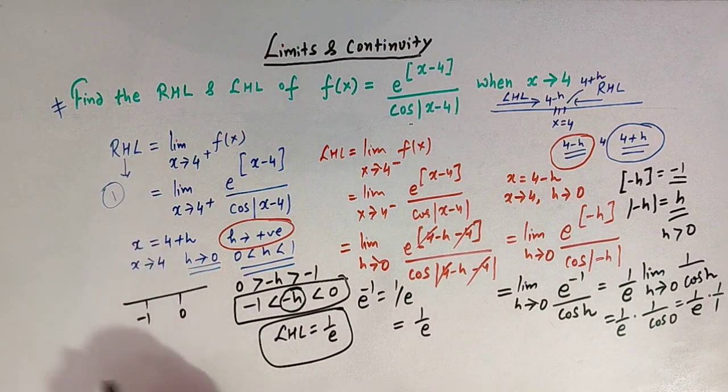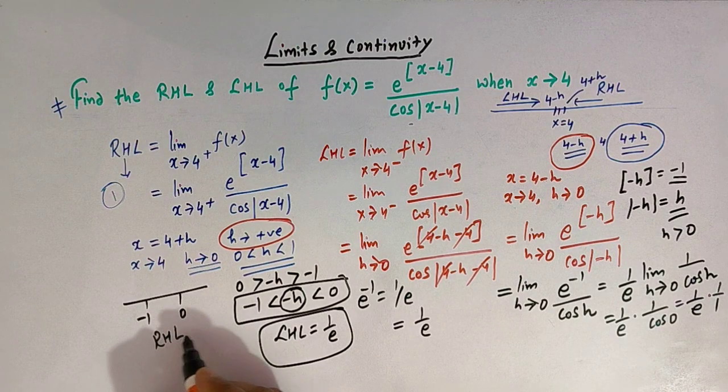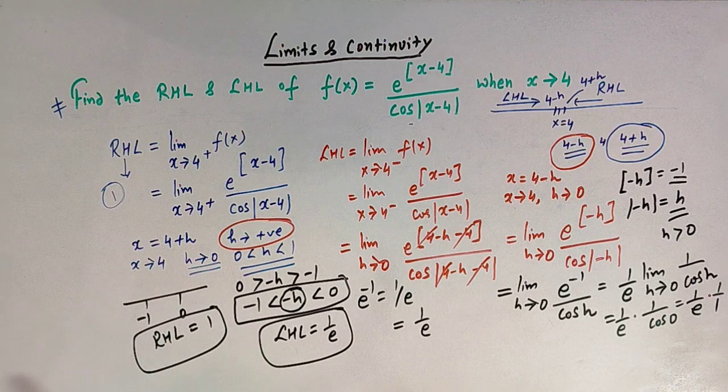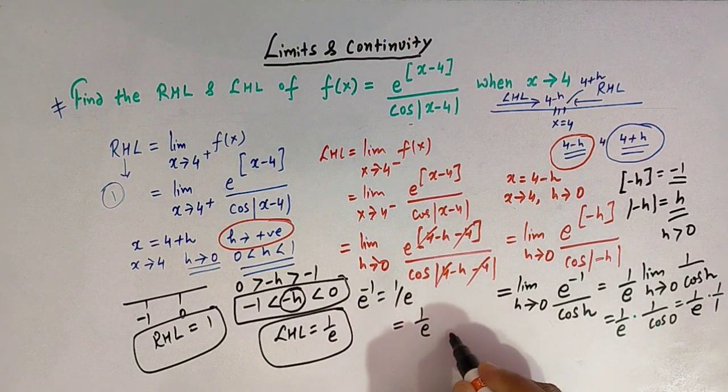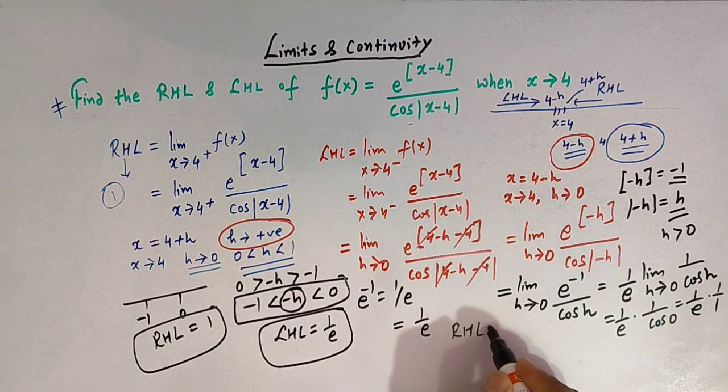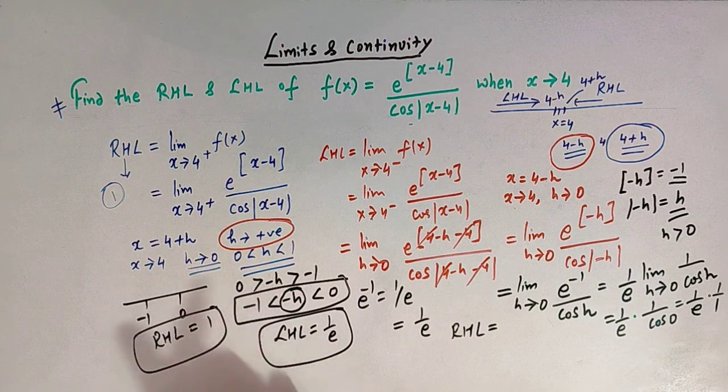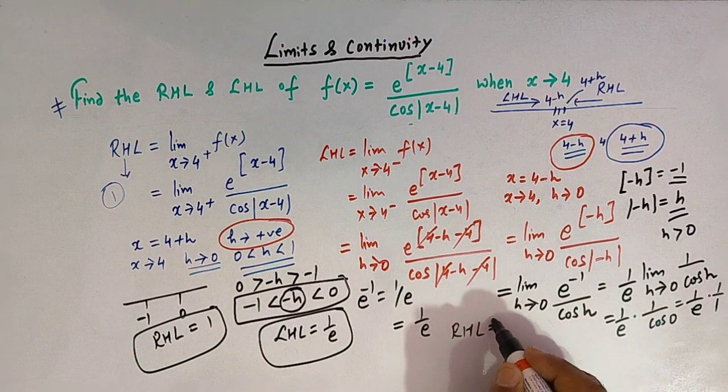And we have just seen that the right hand limit was 1, right? So we can easily see that the right hand limit and the left hand limit both exist, right? And they are finite, right? But they are not equal. So although both the limits exist, they are not equal, right?